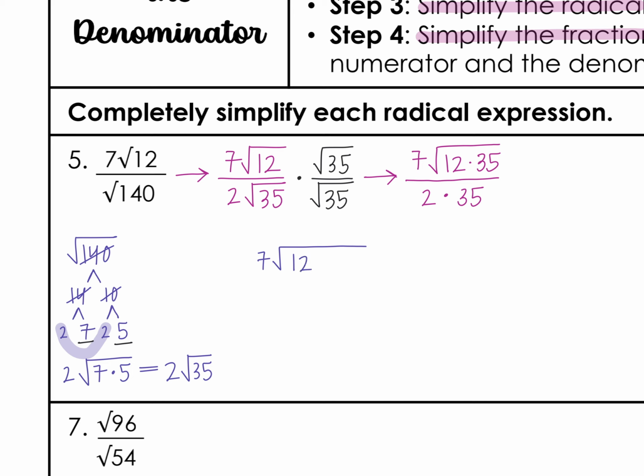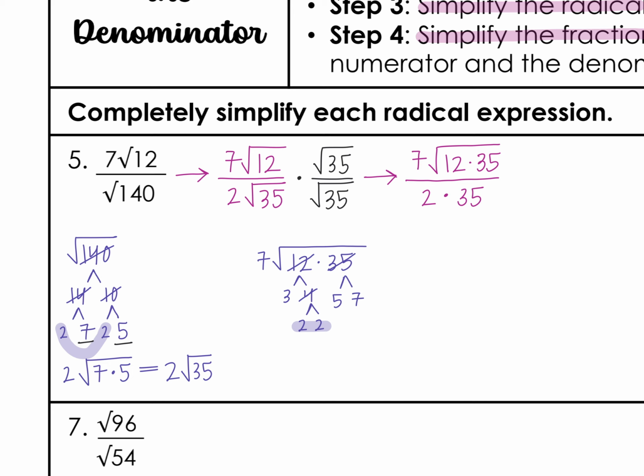that 12 times 35. All right, so some factors of 12 are 3 and 4. We have that 4 can be factored into 2 times 2. That's going to give me a pair. And then I can factor that 35 into 5 times 7.